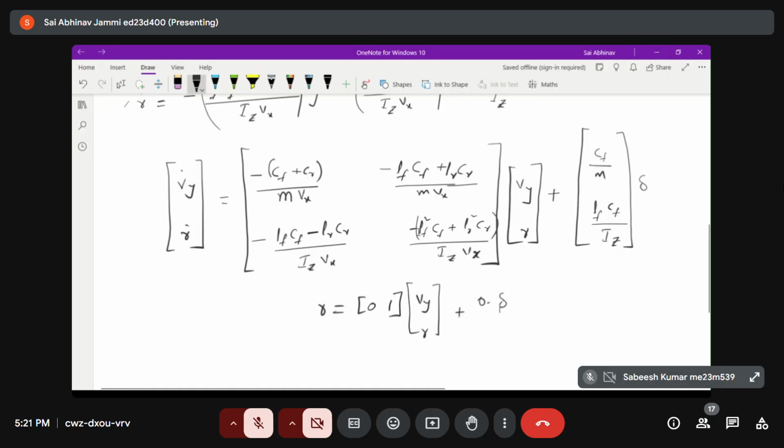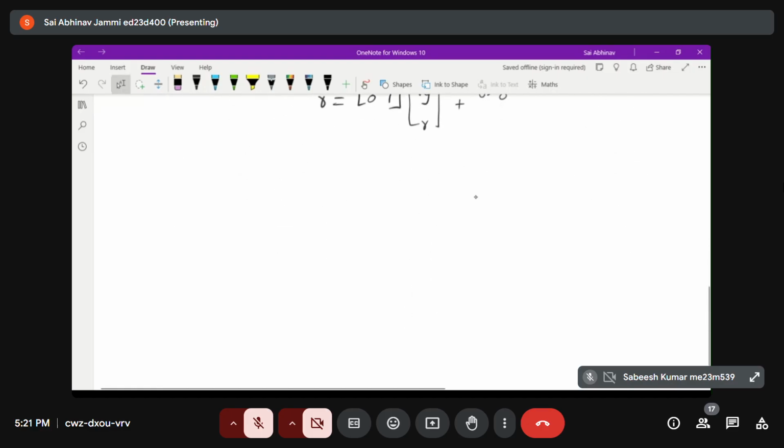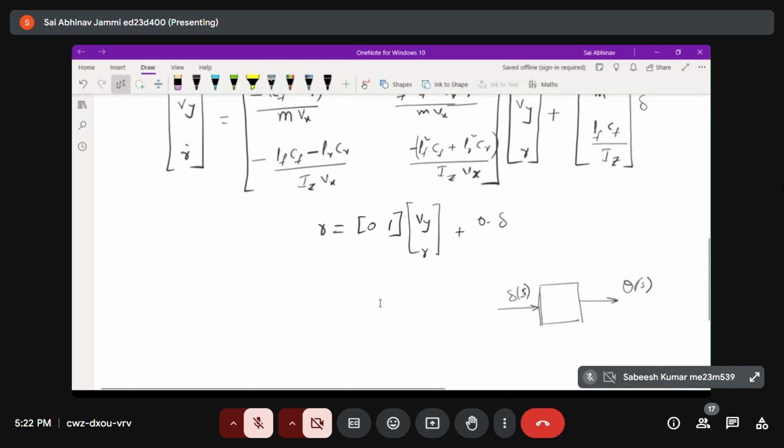So ultimately, as I told initially, for our model we want the input to be delta, and the output will be theta. In terms of transfer function, it will be in terms of S. So now, if this is my bicycle model, in my bicycle model I give delta as input and theta as output. R is the yaw rate.